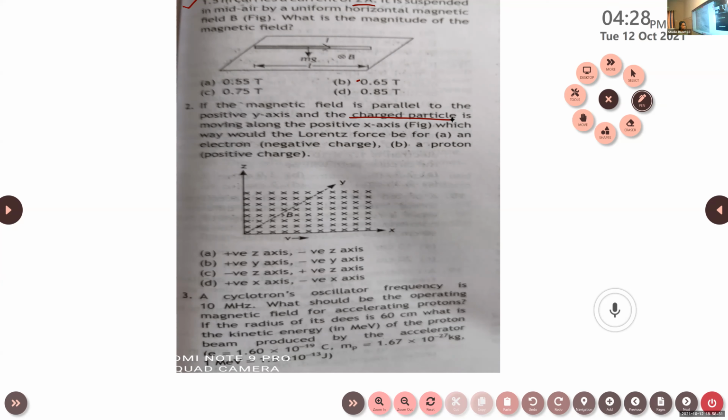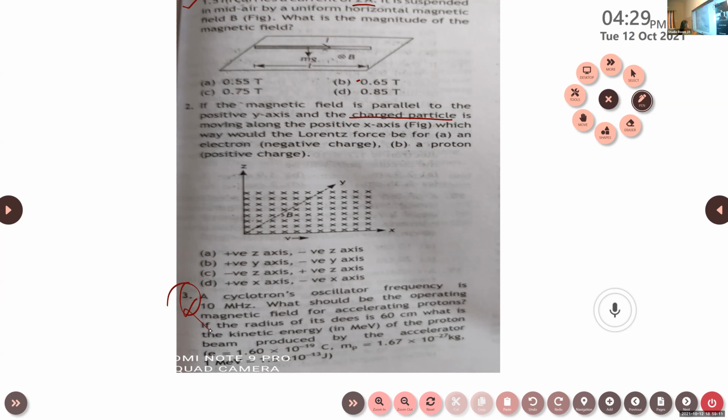Is it Fleming's left-hand rule or right-hand rule? Any idea? Left. Left-hand rule. Okay.